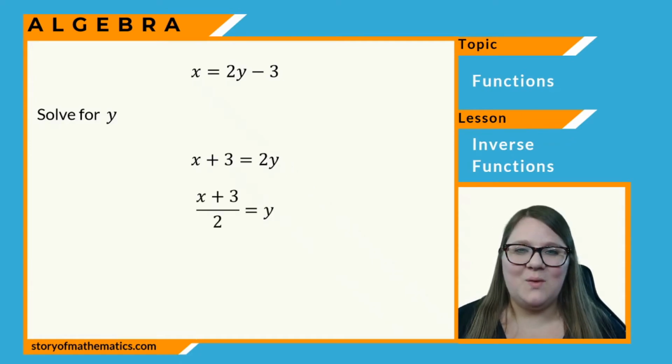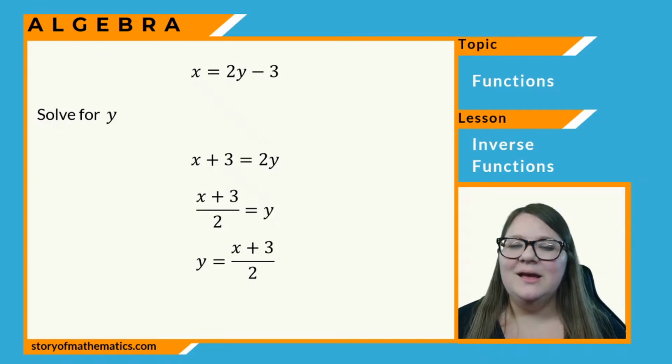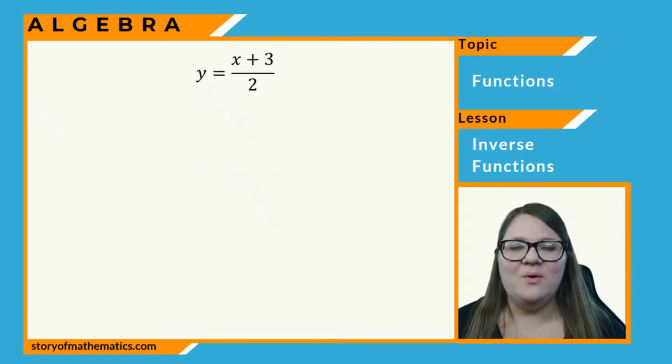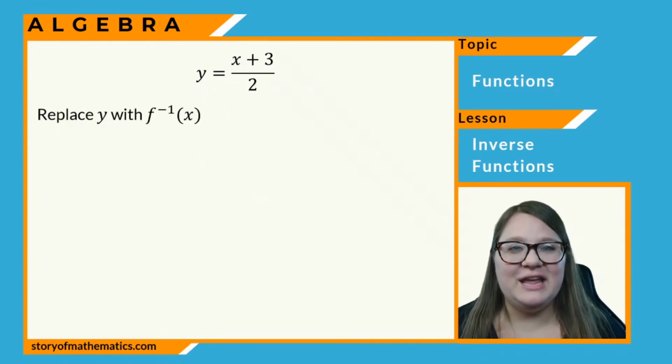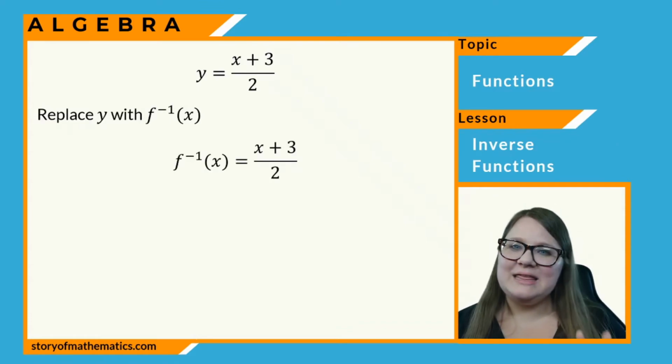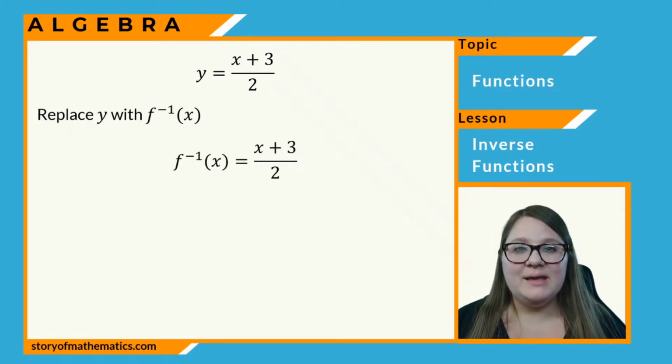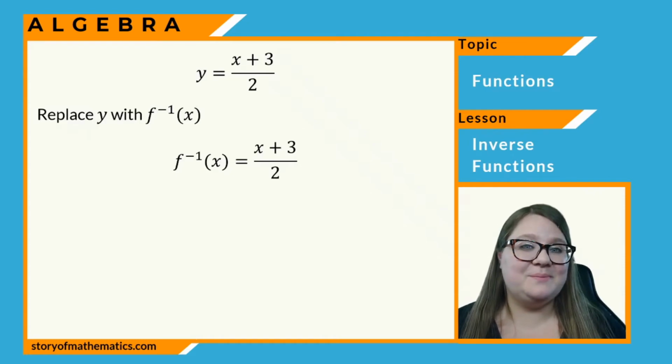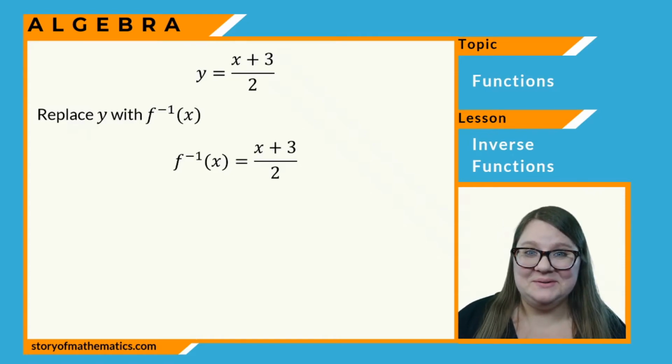I do like writing as y equals, so I will flip the equation and make it y equals x plus 3 over 2. Now that I have my y isolated, I'm going to replace it with f inverse of x. Again, we like that function notation. So now we can say our inverse function is x plus 3 all over 2.